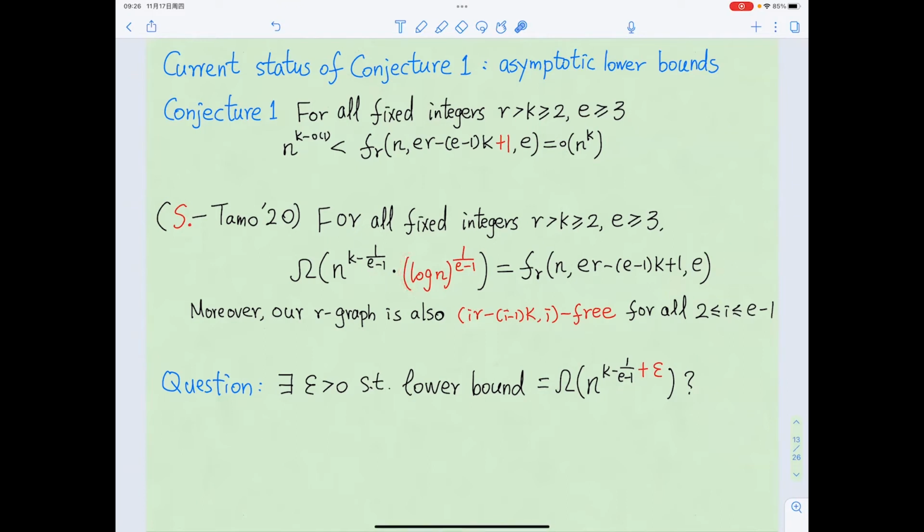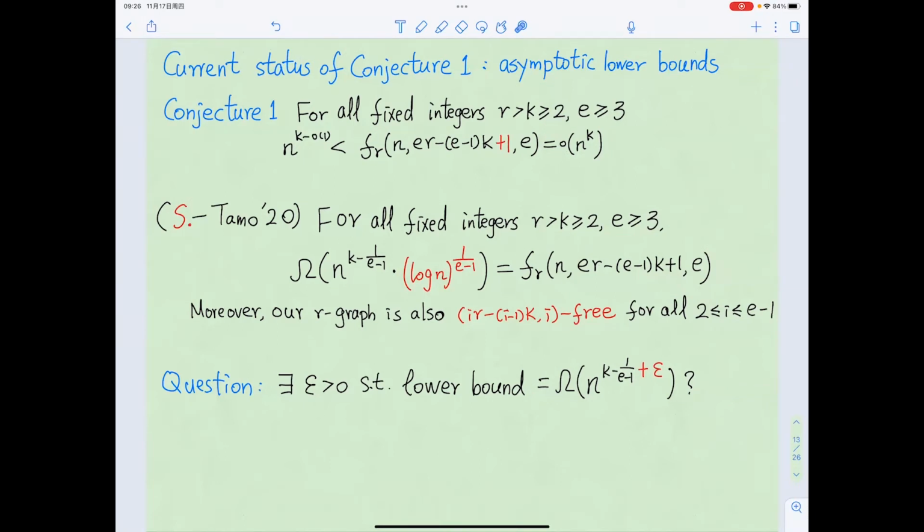Moreover, we can show that our r-graph not only has this property, it is also (ir - i + 1, ik)-free for all i ranging from 2 to e minus 1. In fact, this property turns out to be important for some applications.